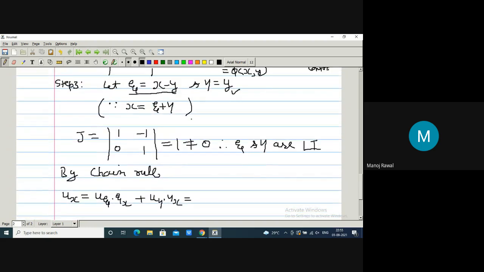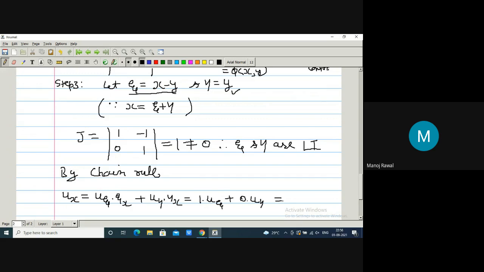So please differentiate them. Xi x is going to be 1, so 1 into u xi, plus eta x is 0, so 0 into u eta.